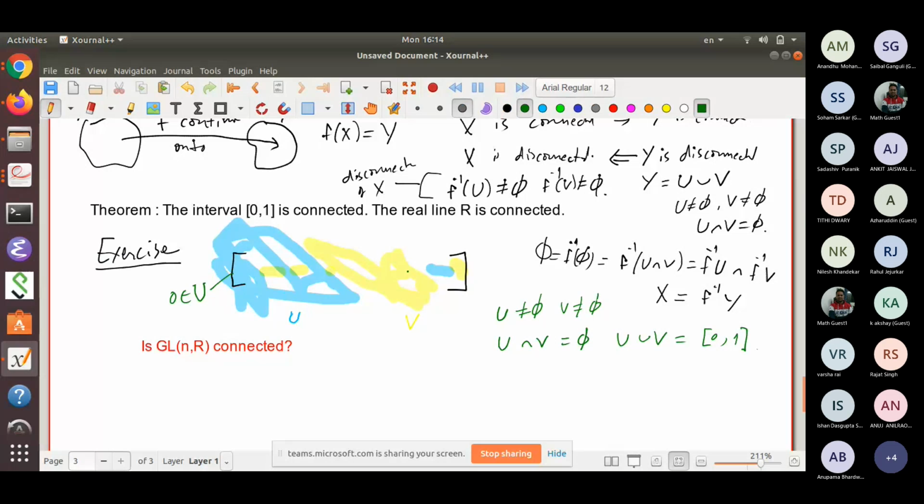So now take some point. So this is 0. Take some point in the yellow set. That point may be b. Take that point 0, b. So this is the interval [0,b], which I want to show is connected.